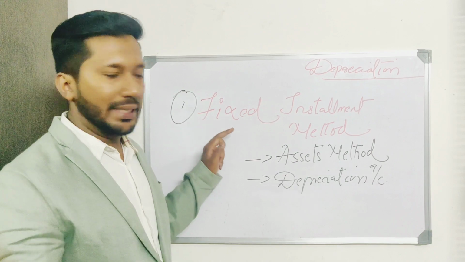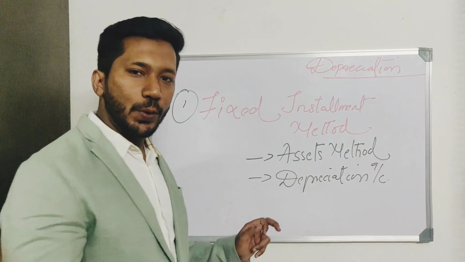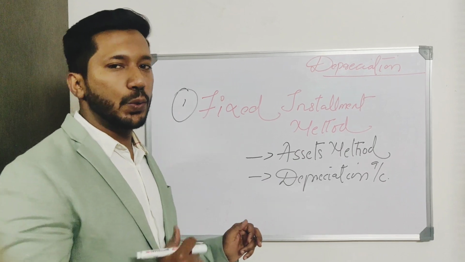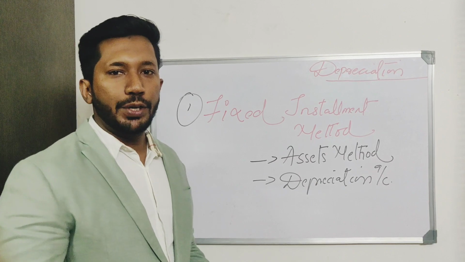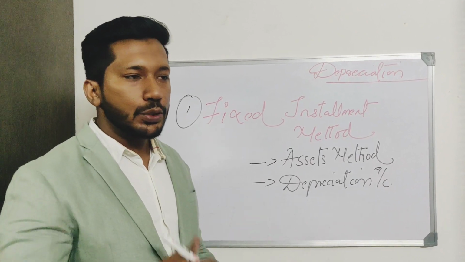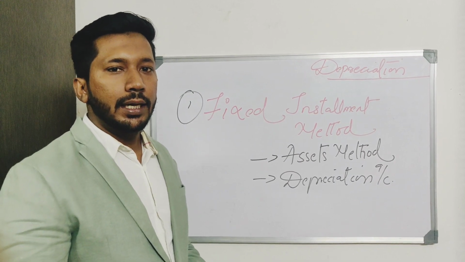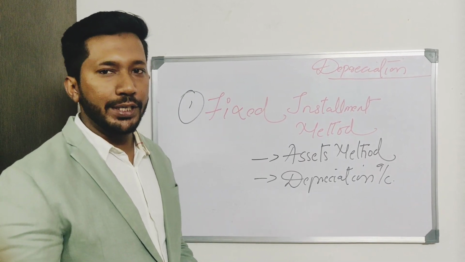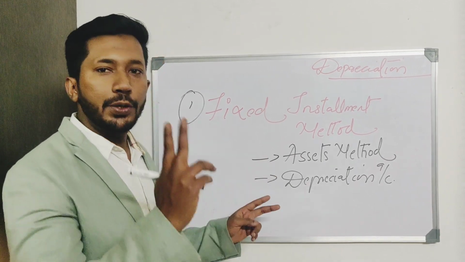So the first method is the fixed installment method. It is also known as the original cost method, and also as the straight line method. Under this method, the rate of depreciation will be fixed. We will do one particular example so that you can understand in detail how to execute a problem in fixed installment. To execute, we need to prepare two accounts.